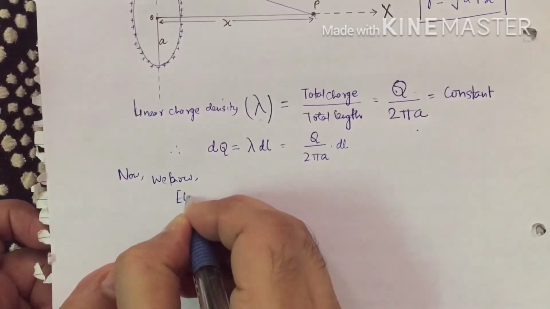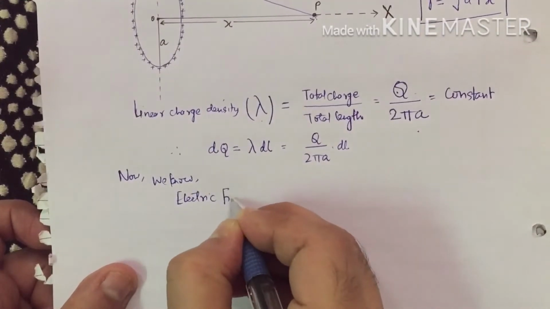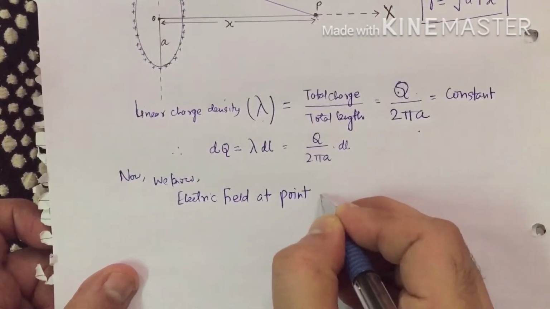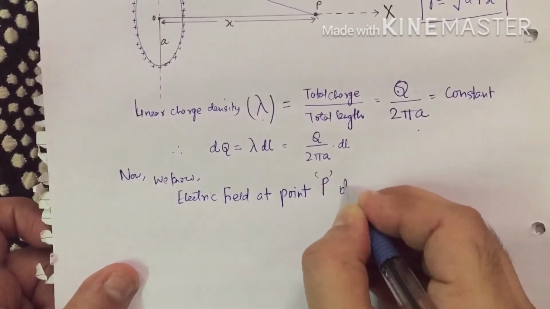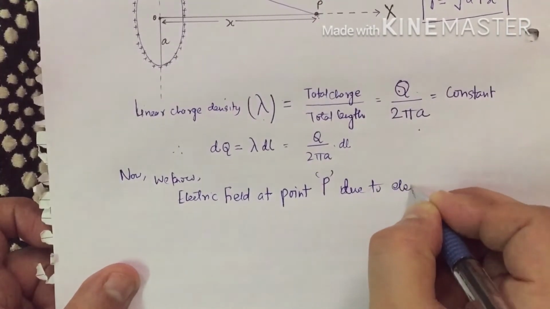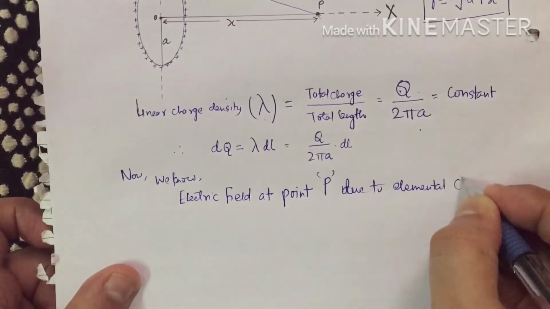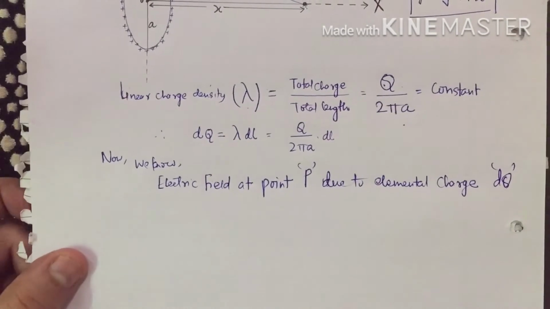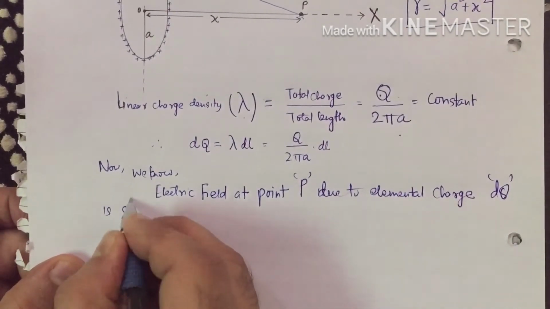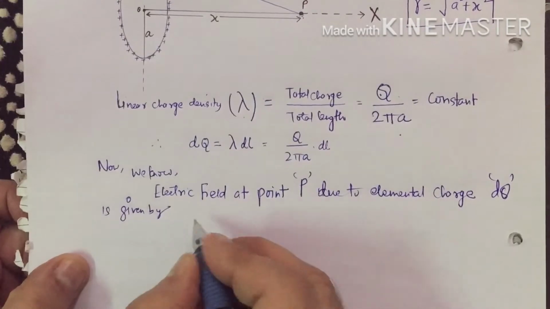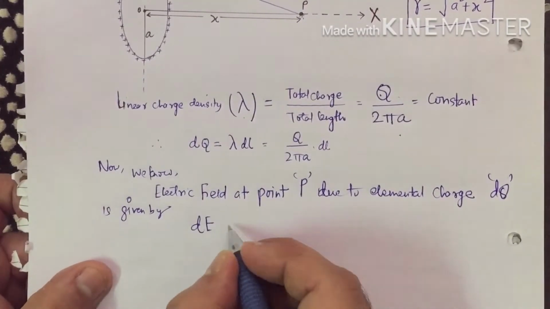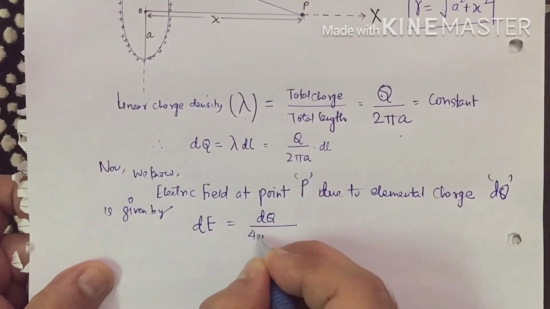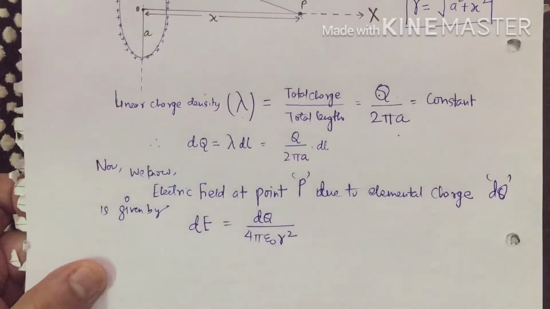We know the electric field at point P due to elemental charge dq is given by dE, which is equal to dq divided by 4 pi epsilon naught r square.